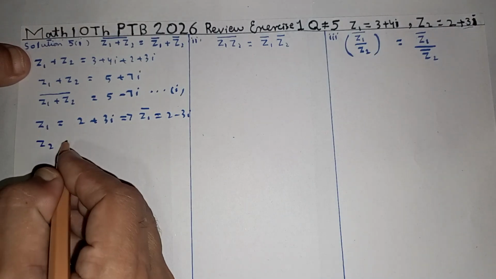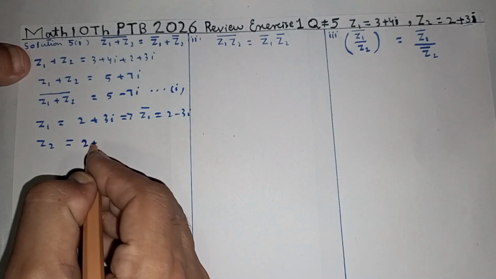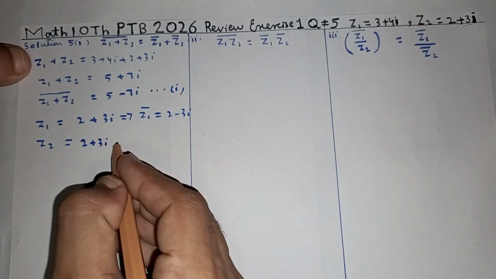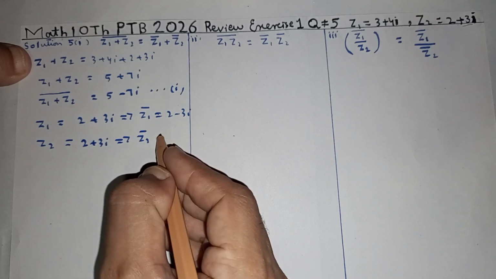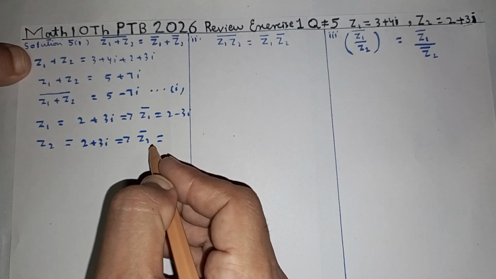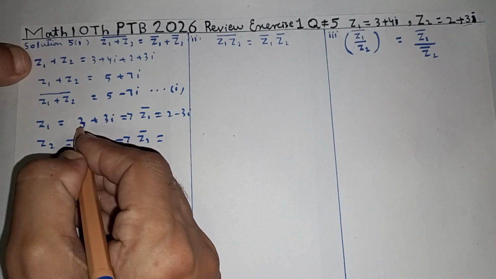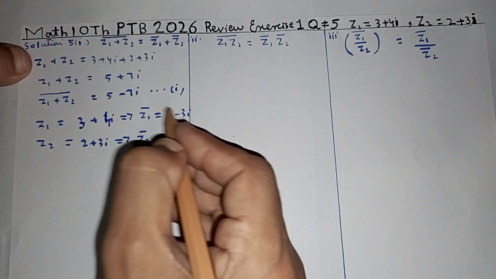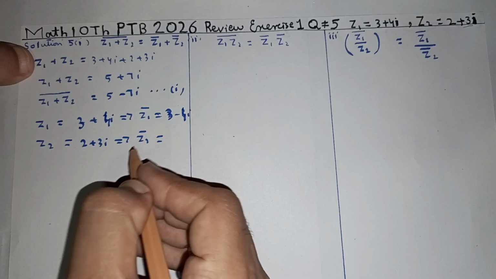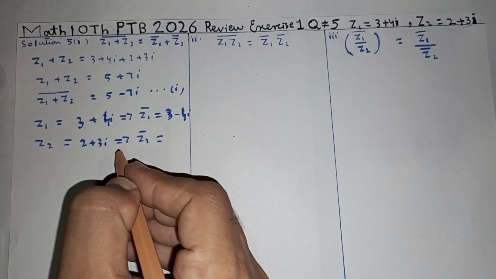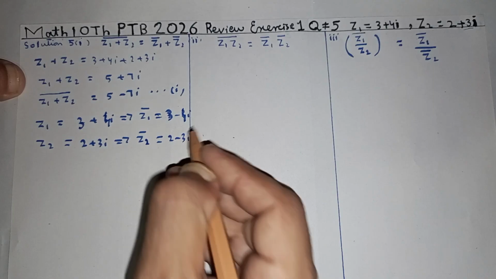Similarly, z2 is equal to 2 plus 3 iota, and z2 conjugate is equal to, sorry students, z1 is equal to 3 plus 4 iota and its conjugate is equal to 3 minus 4 iota. z2 is equal to 2 plus 3 iota and its conjugate is equal to 2 minus 3 iota.